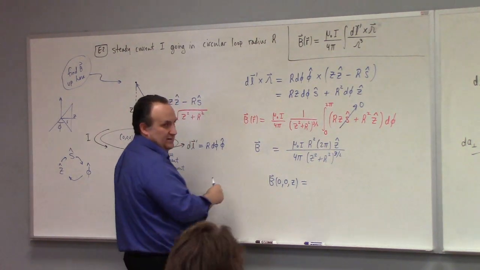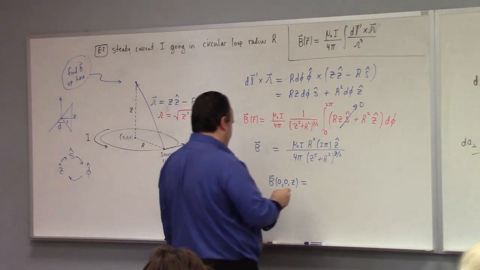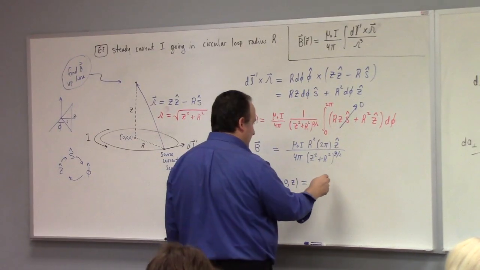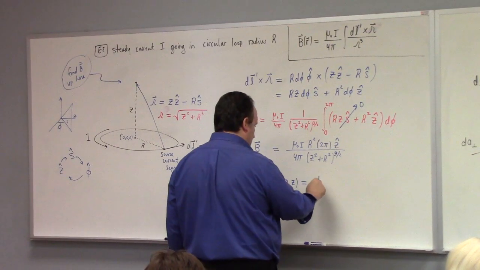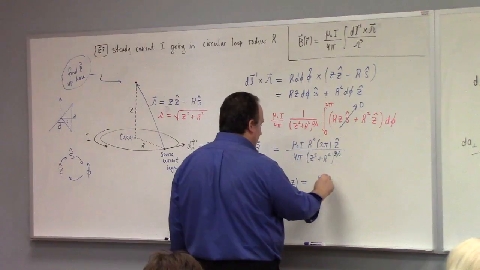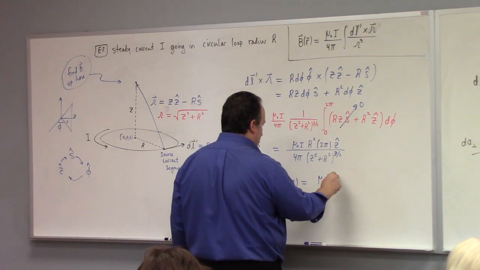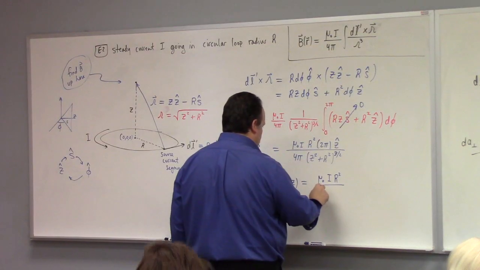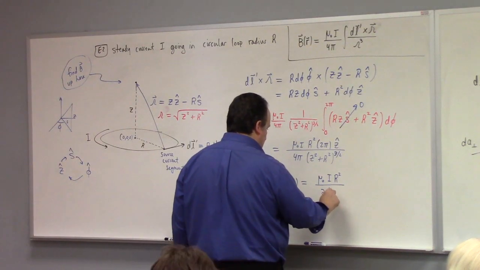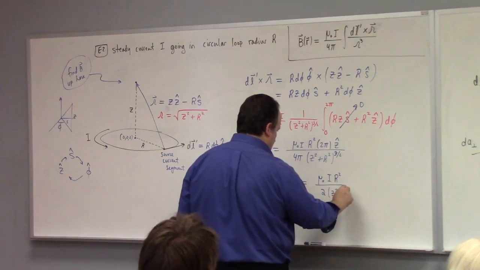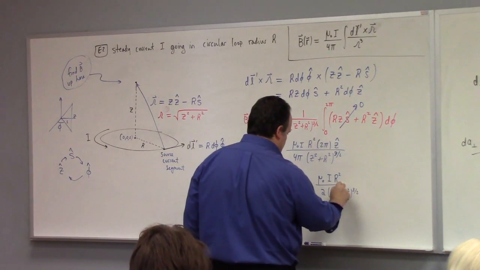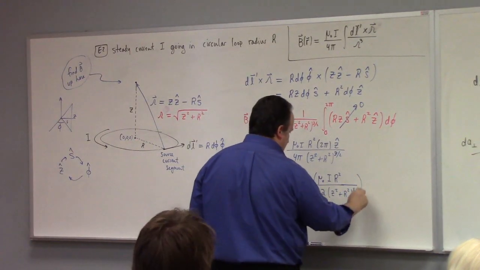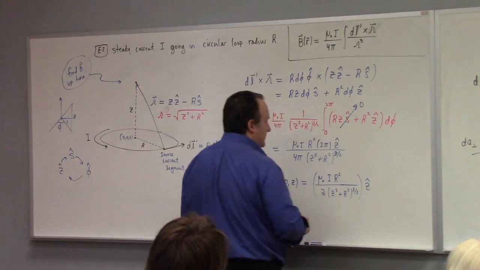So there, anyway, B of z is mu naught I r squared divided by 2 times z squared plus r squared to the 3/2. And of course it's in the upward direction, right?